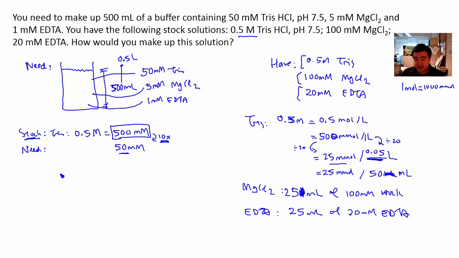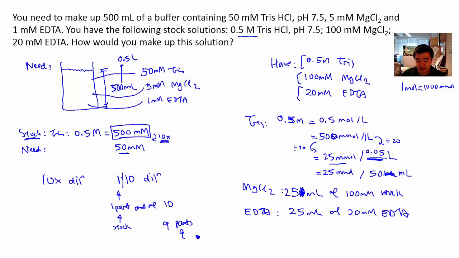Now, to do this 10 times dilution, also known as a 1 in 10 dilution, this means that you have one part out of 10, which is your stock, and 9 parts are the water or whatever else there is.